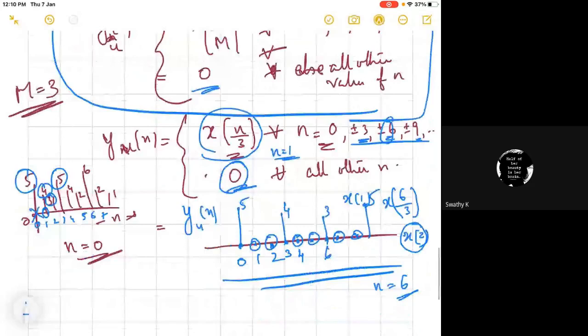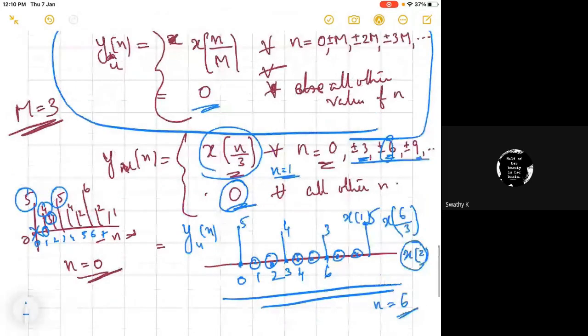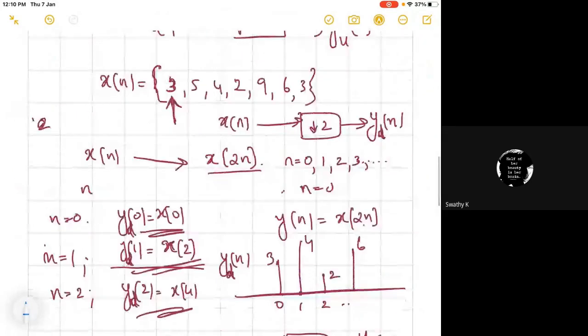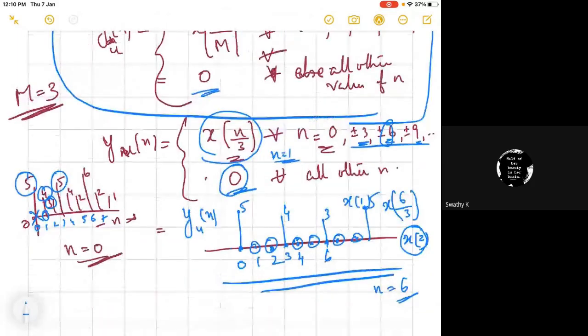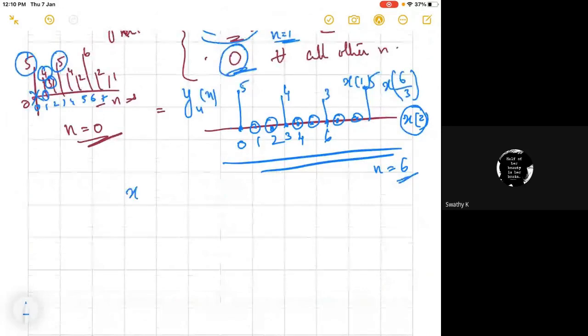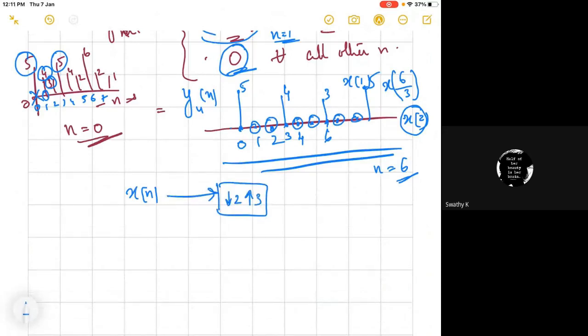So we shall see what happens in the frequency domain in the next class. What happens in the frequency domain when x[n] is upsampled by a factor of 2 or downsampled by a factor of 3, and you get some y_u[n] or y_d[n]?